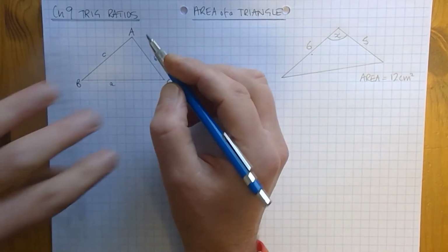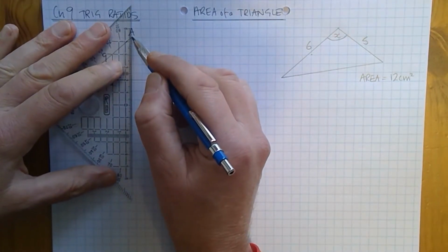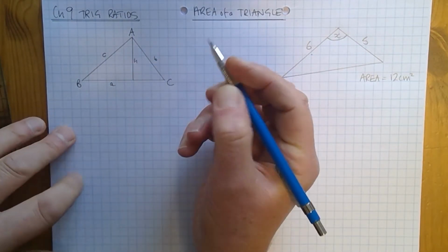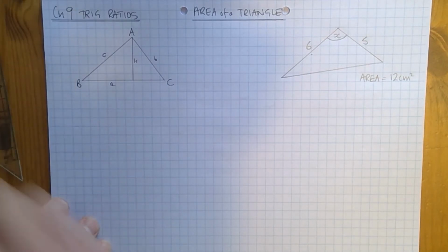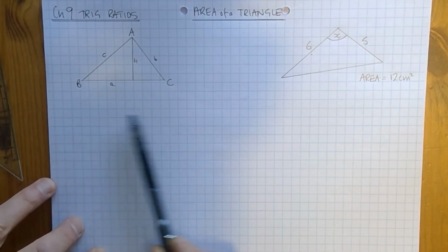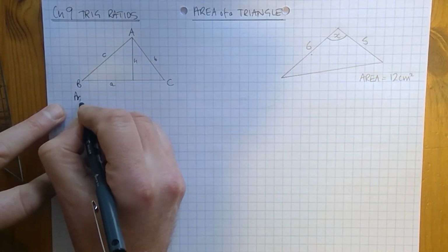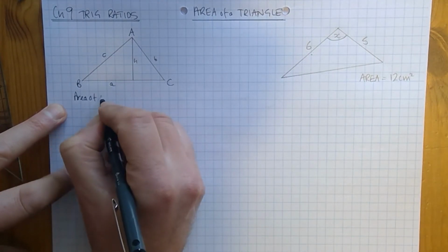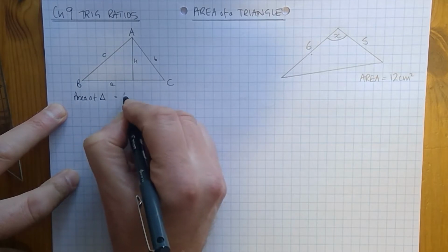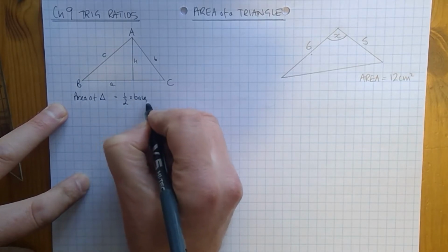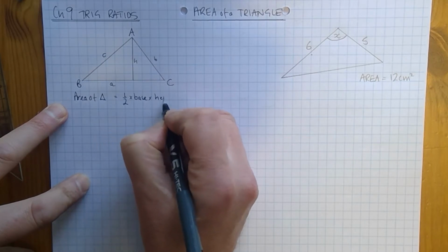I'm going to drop a vertical here, and I'm going to call this vertical H. Now I'm going to use the formula that we learnt in year 8 or year 9 for the area of a triangle. So the area of a triangle is half the base times the height.